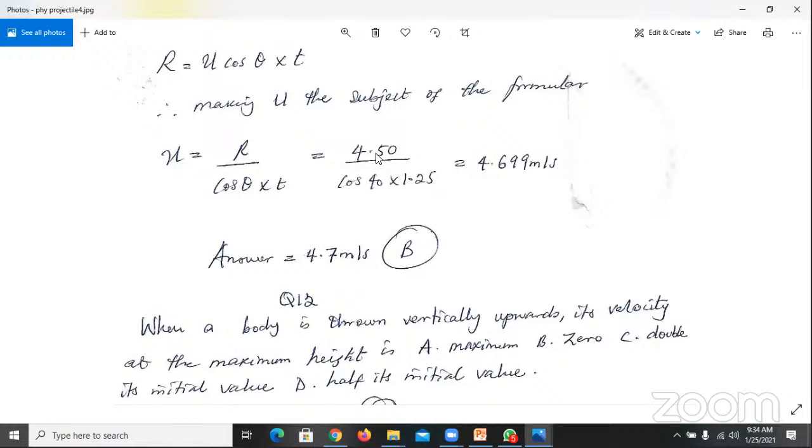Can you hear? Come again now. Why didn't we use sine theta over g to find the initial velocity?